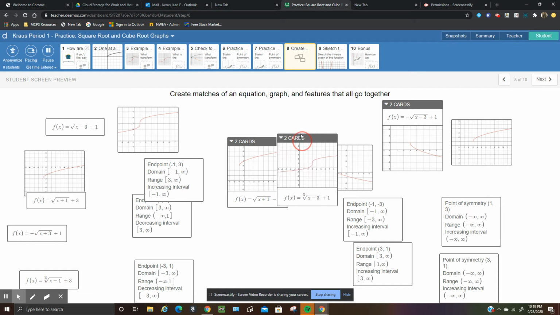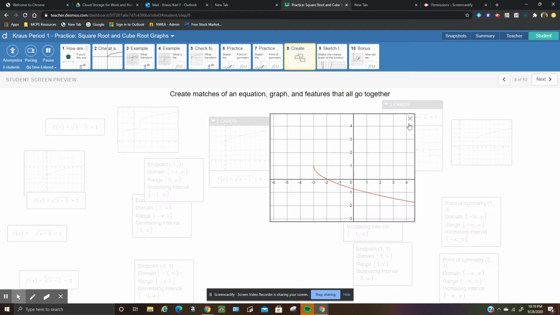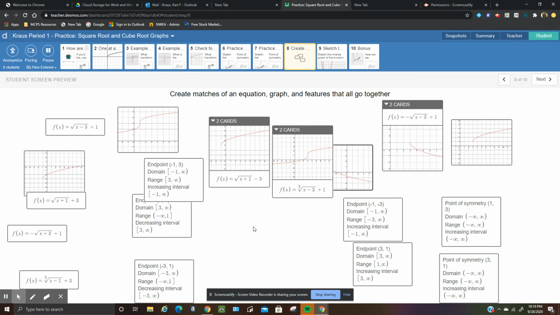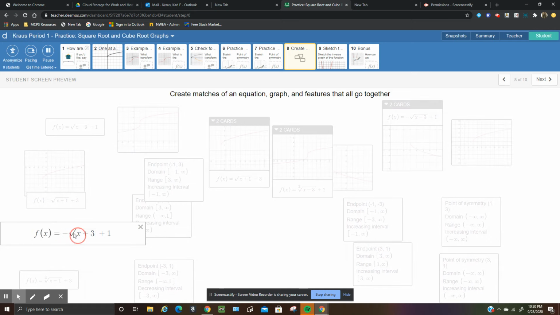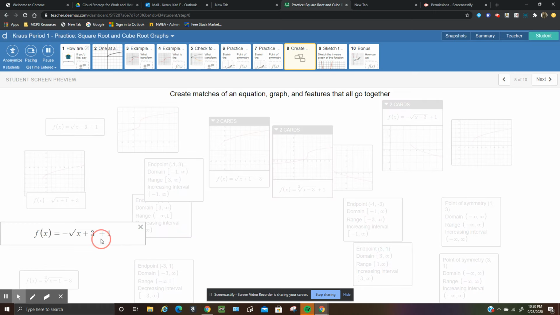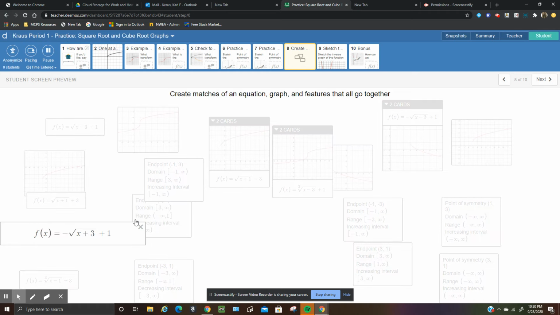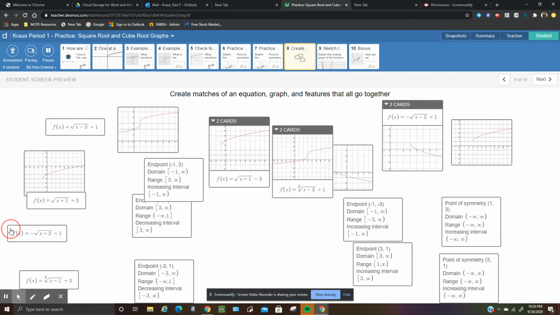It's a little bit cluttered here. All right, here's a square root where it's -3, 1 is the endpoint, and then the opposite. So -3, 1. And the reflection is this one. If I had better mouse skills, I might be done with this already. There we go.